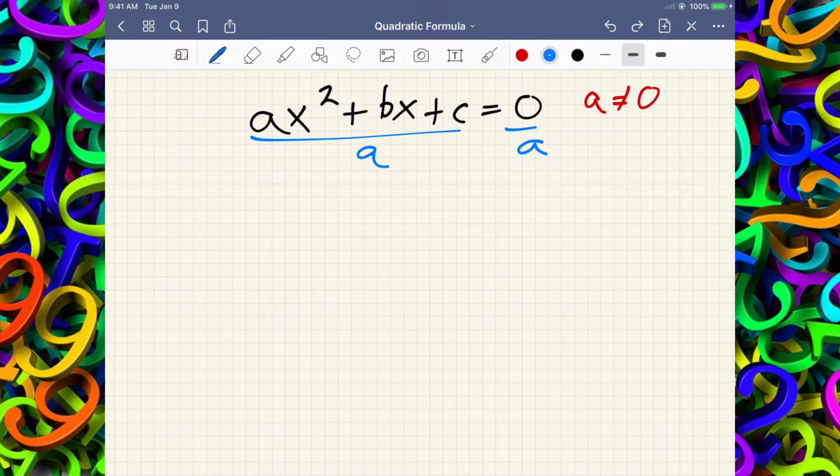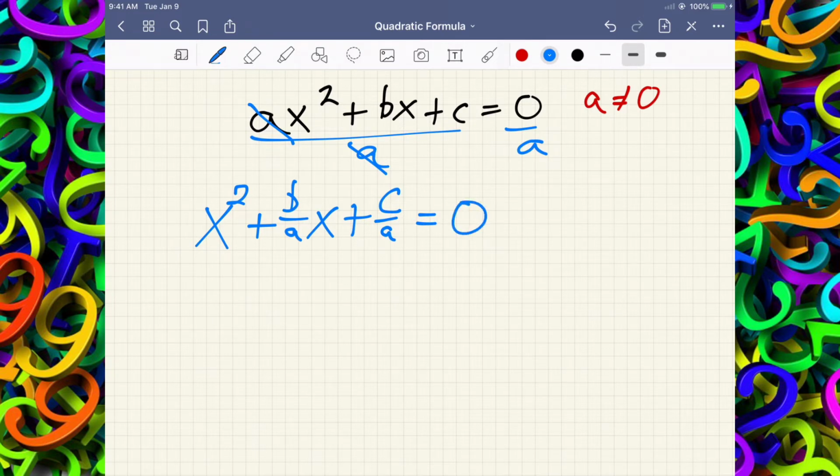So a divided by a is 1. So we're going to write 1x squared. We normally don't write the 1 as a coefficient, but there's x squared plus b divided by a times x, and then c divided by a equals, and then 0 divided by a is still 0, because 0 divided by anything is still 0.